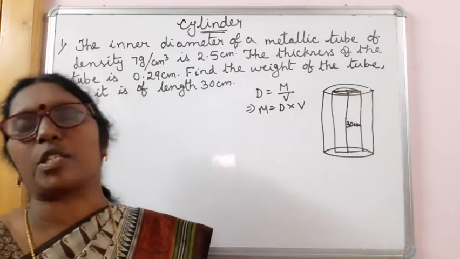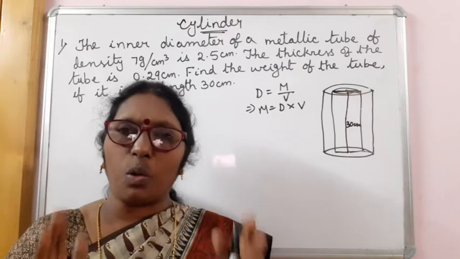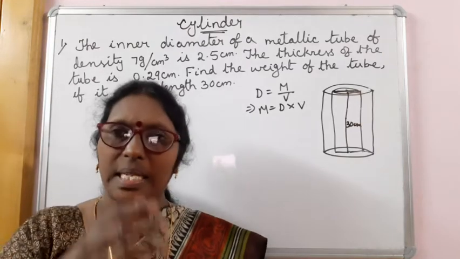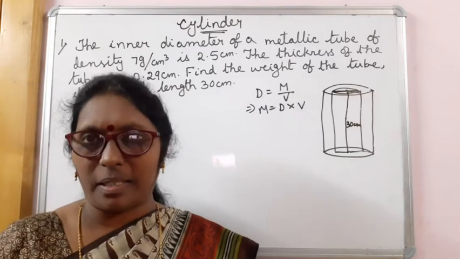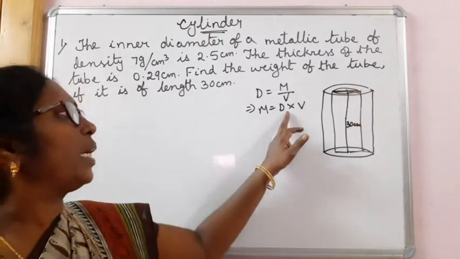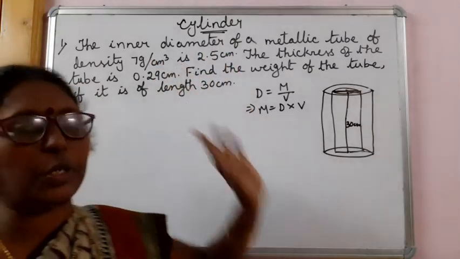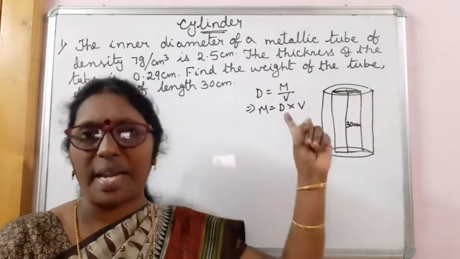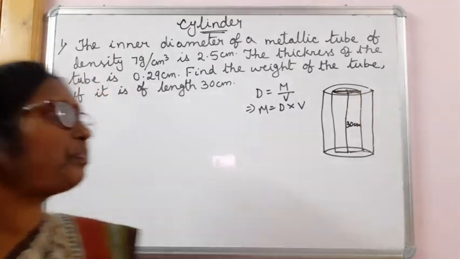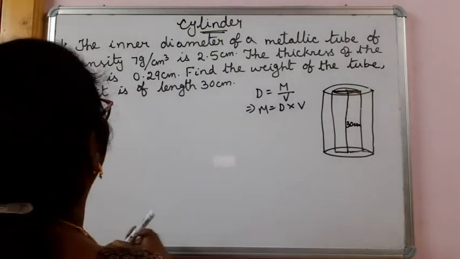Inner empty space is also like a cylinder. So outer volume of the tube minus inner volume of the tube gives you the volume of the metal. That volume into density of this metallic tube, if you multiply, we get the mass of the tube or weight of the tube. Okay, let us work it out.